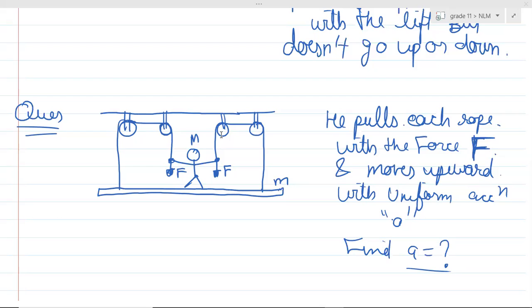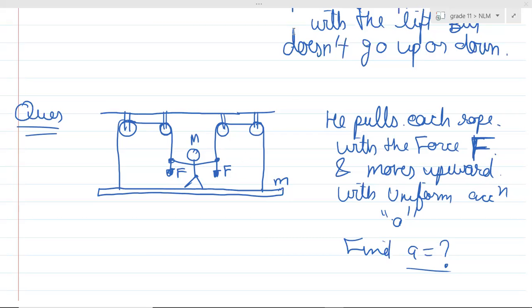The man pulls the rope with the force F and moves with the acceleration A. Find A. I need the weight and all of that. The mass is given to you. Man has a mass capital M and this has a mass small m.